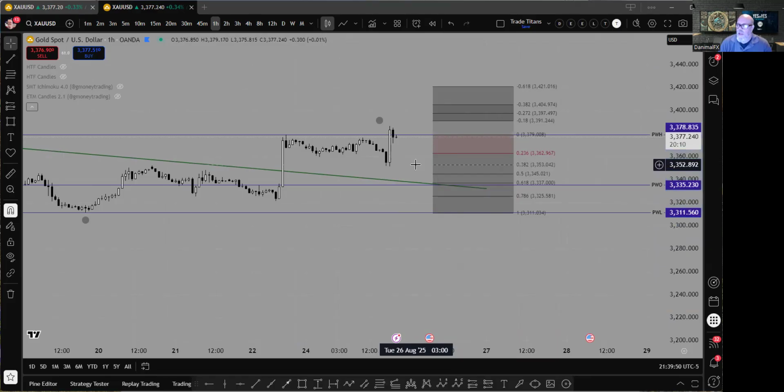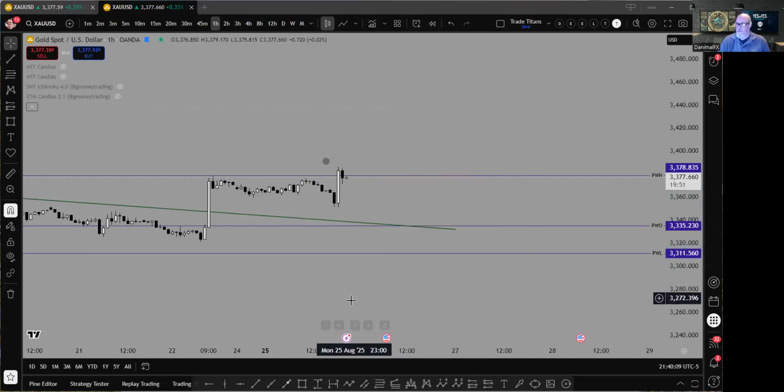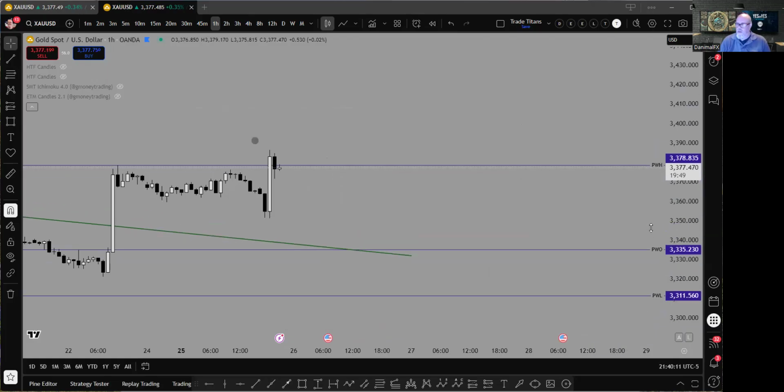Yep. And now it's going to come back and test this. It could possibly test the 236 down here, because of this break of structure candlestick. And if you remember how to play a break of structure candlestick, and hide this one temporarily, you can fib your candlestick from low to high.